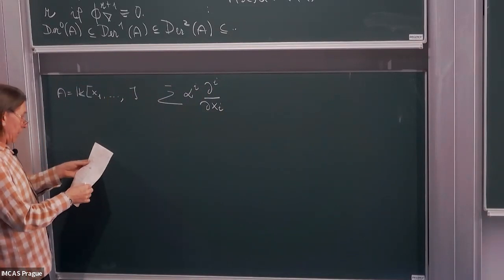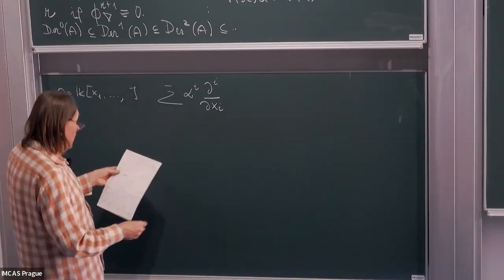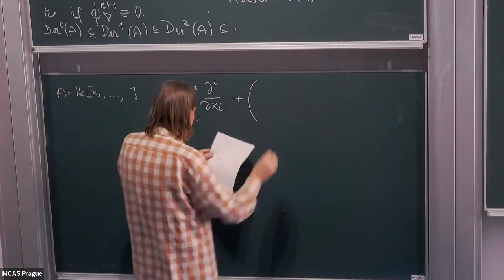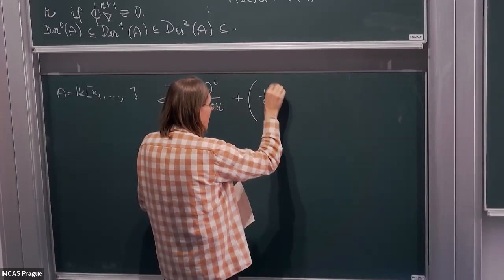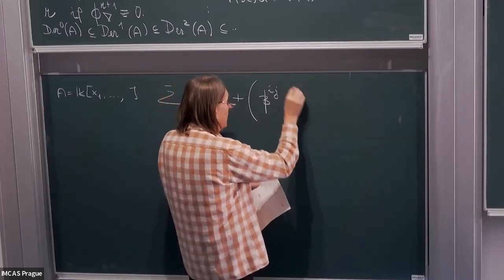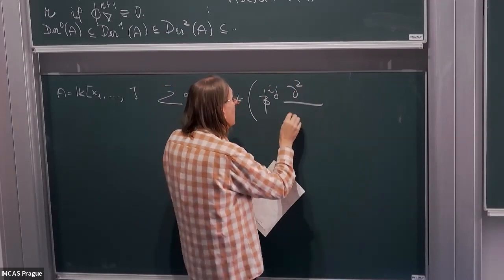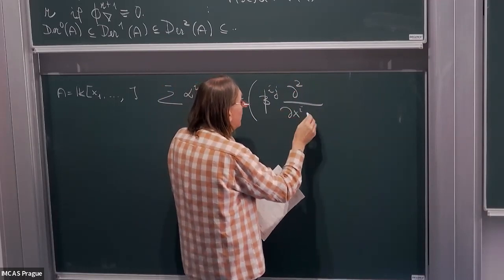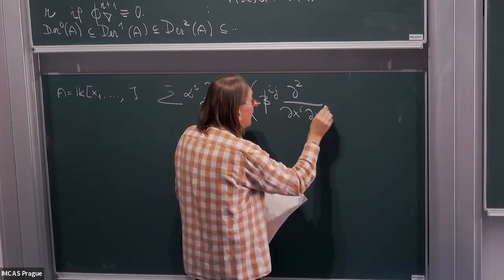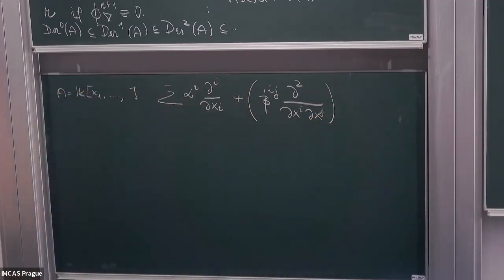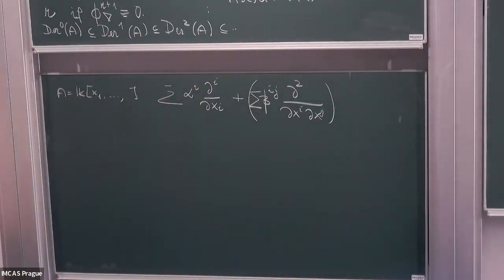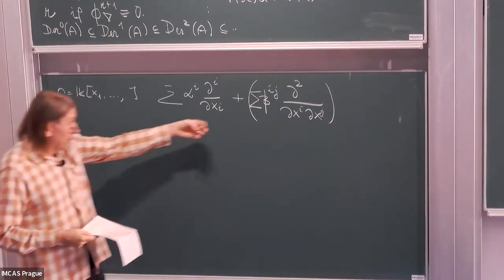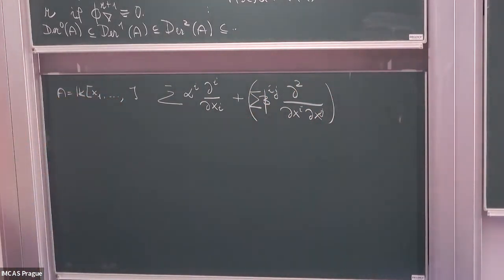If you want to see a derivation of order 2, then you can add something like beta ij, again constants from the ground field, times d squared over d x i d x j. Okay, so this is an example of a higher order derivation, including this second summand. It is a derivation of order 2.